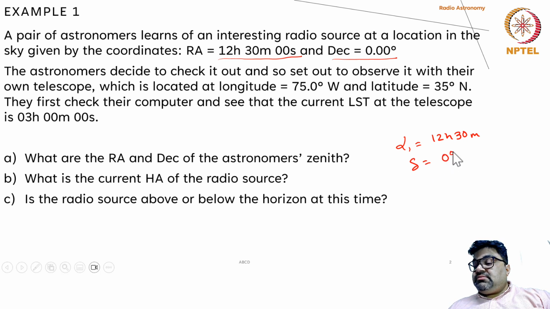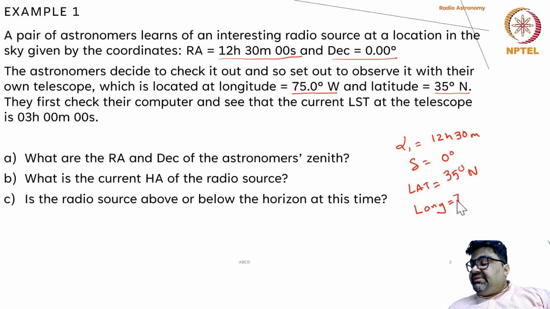Astronomers decided to check it out and set out to observe it with their own telescope, which is located at 75° west longitude and 35° north. So the latitude is 35° north and the longitude is 75° west.